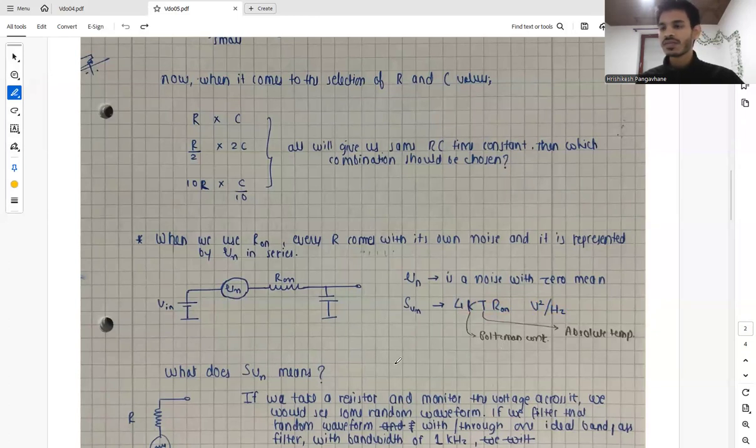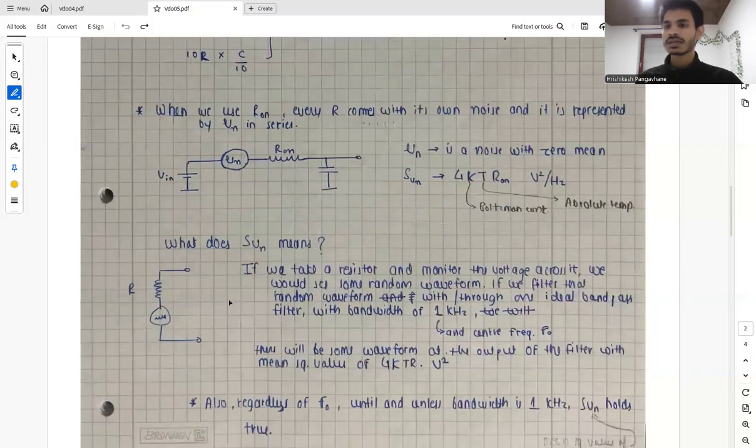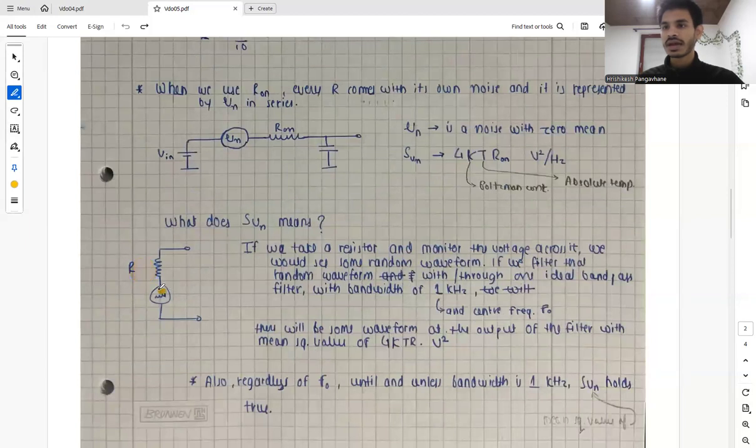And basically, what does spectral density mean? It represents the power of that noise. In what sense? Let's say we have a resistor and its noise is represented by a series voltage source. If we take that resistor and monitor the voltage across it using, let's say, an oscilloscope, we would see some random waveform.